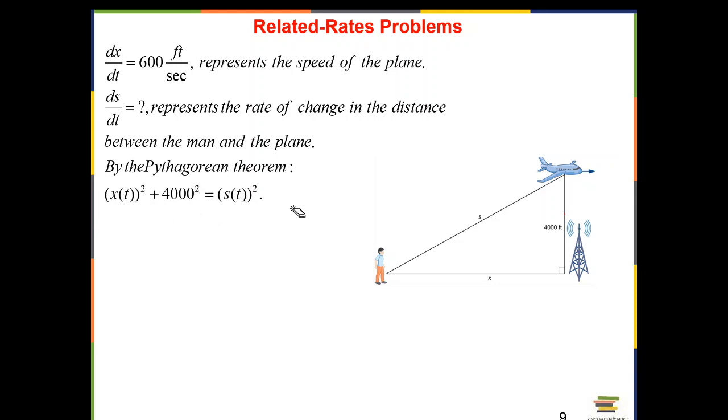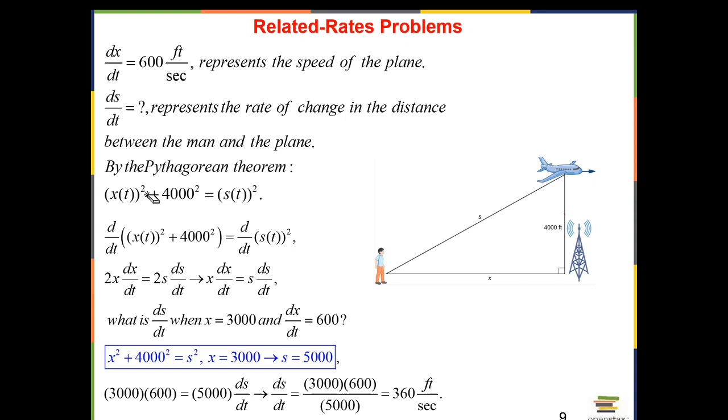Now we have to convert that to related rates, right? How? We take the derivative. Take the derivative of that, we get this. Take the derivative of that, we get 0. Take the derivative of that, we get this, right? We did a few of these already. You know why we get 2s ds/dt.